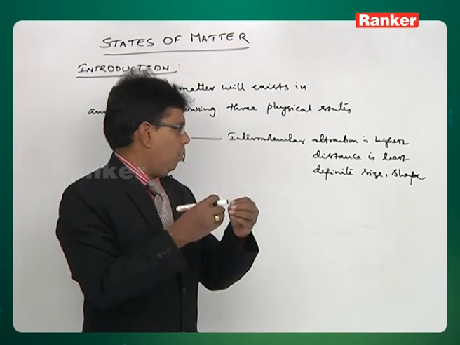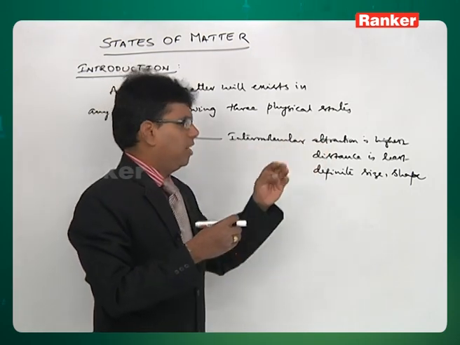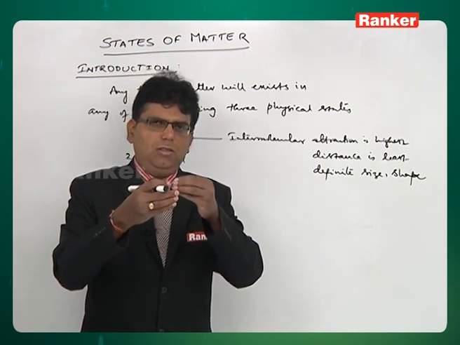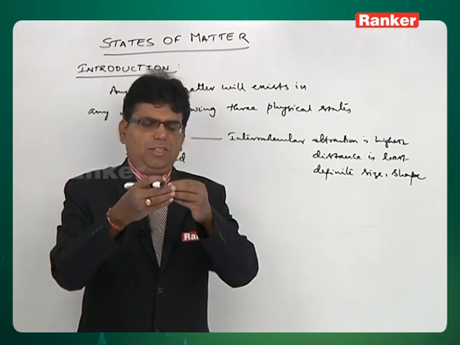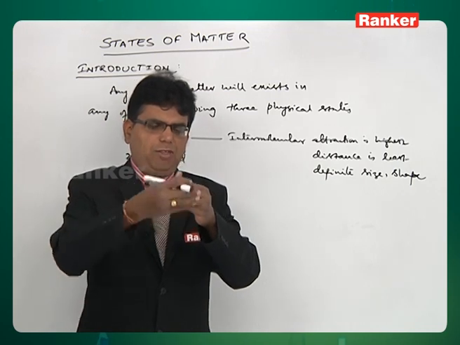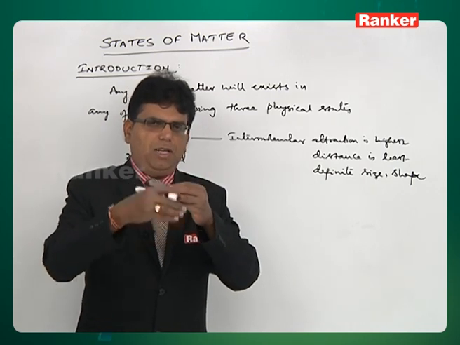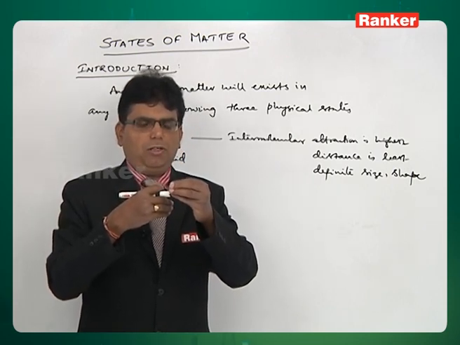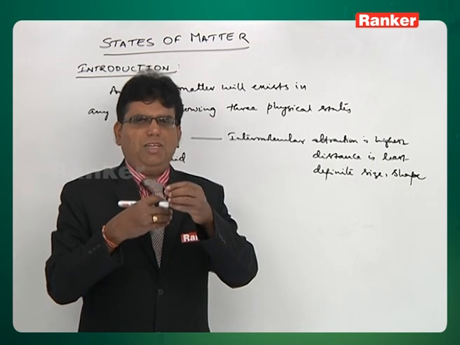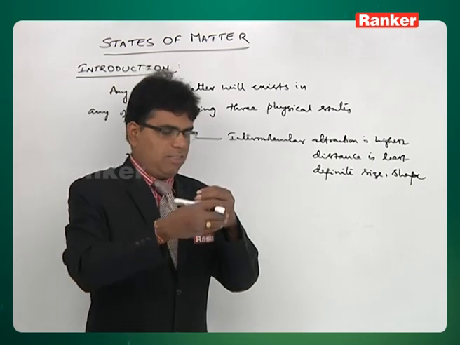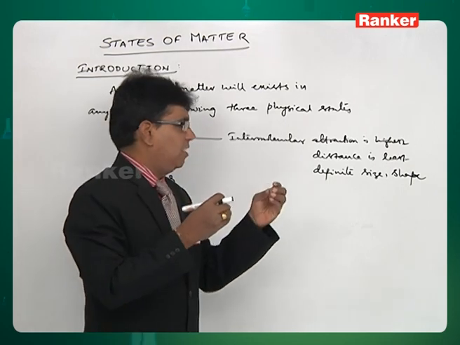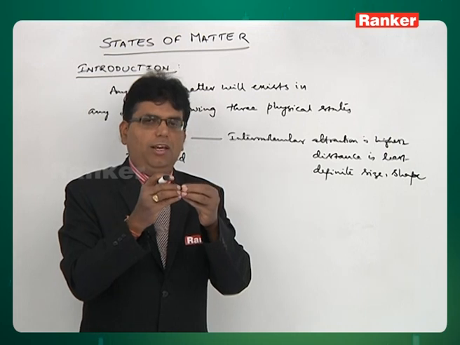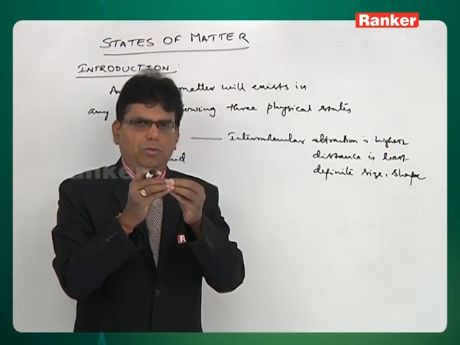In solids, the intermolecular attraction is very high. That means the movement, the displacement, everything of one particle is entirely influenced by all other surrounding similar particles. As a result, the ability of this molecule to move becomes very difficult. As the attraction is high, the distance will also be least, because one is attracted by the other very strongly. So, the intermolecular distance is very small.